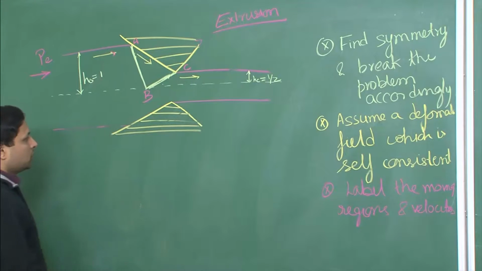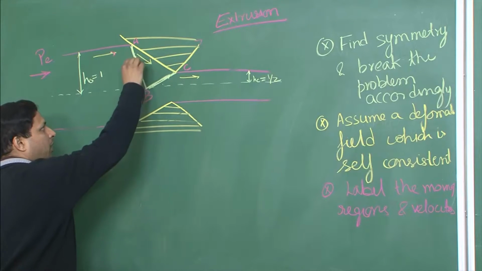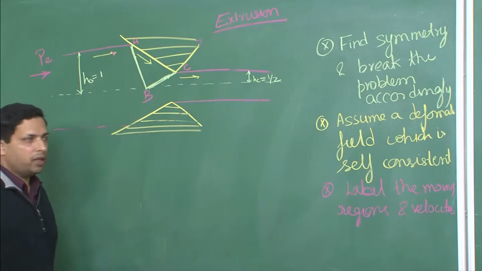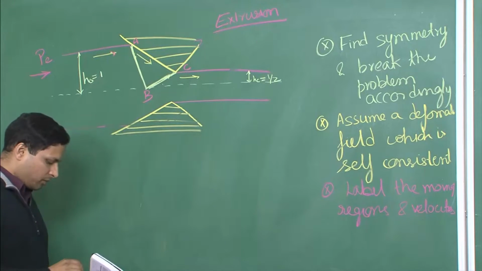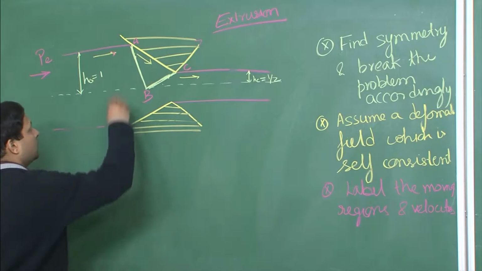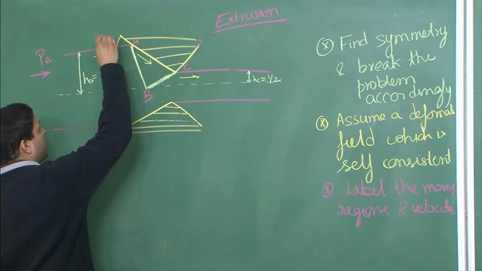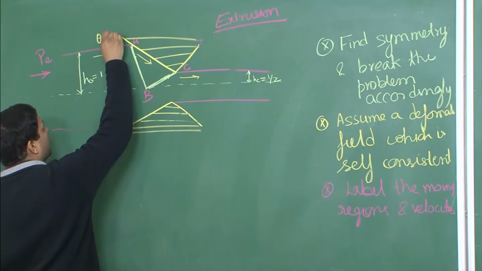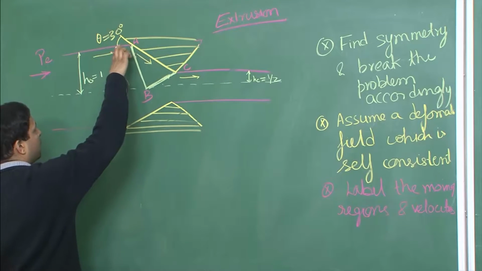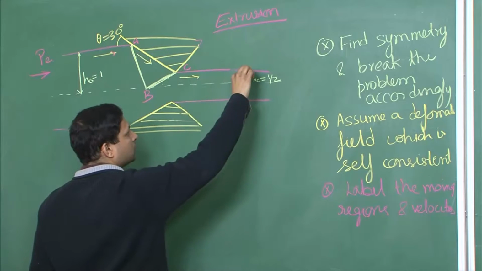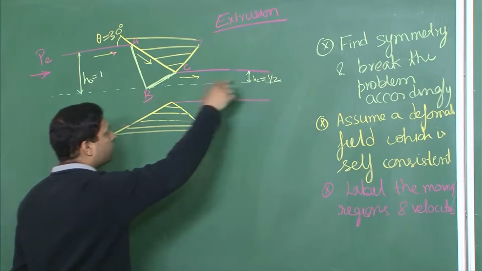Now, there are some geometries dependent upon the deformation field that I have defined, and there are some geometries dependent upon the die that has been given to me. So, I will assume that the die geometry is already given to me. For example, this is given to me as theta equal to 30 degrees. I have already defined that this is h naught and this is h exit, which is half of h naught.